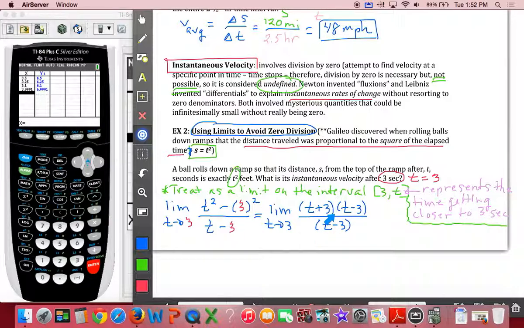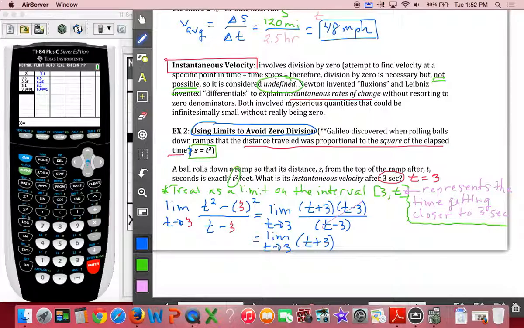I say 99% of the time because I will always give you one at this stage that would, because otherwise it would be crazy for it not to. And so, as you can see, these do cancel, and you're left with a simplified limit, the limit as t approaches 3 of just t plus 3.